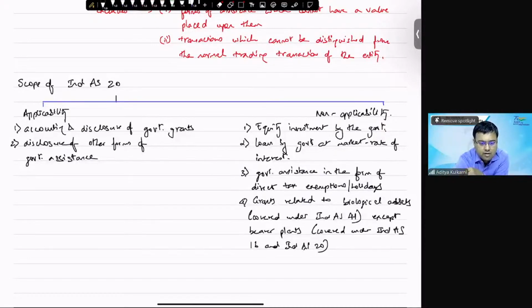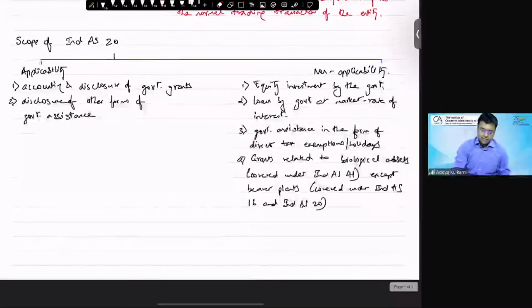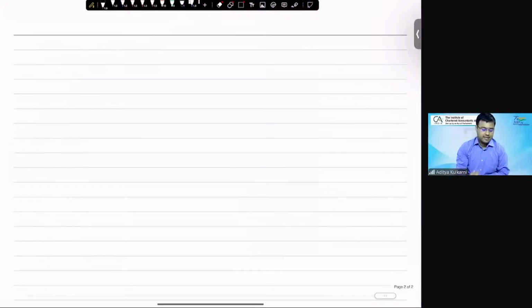All right, fine. Now let us move on to the next one. Now we come to the proper accounting per se of Ind AS 20. Initial recognition. When should we actually recognize my grant?